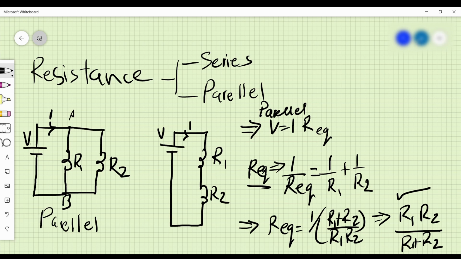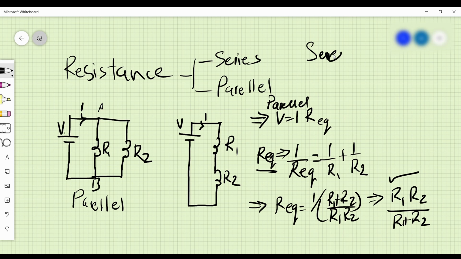Now let's say for series, the formula for R equivalent is just straight R1 plus R2. You have to just sum up whatever you see in the series.